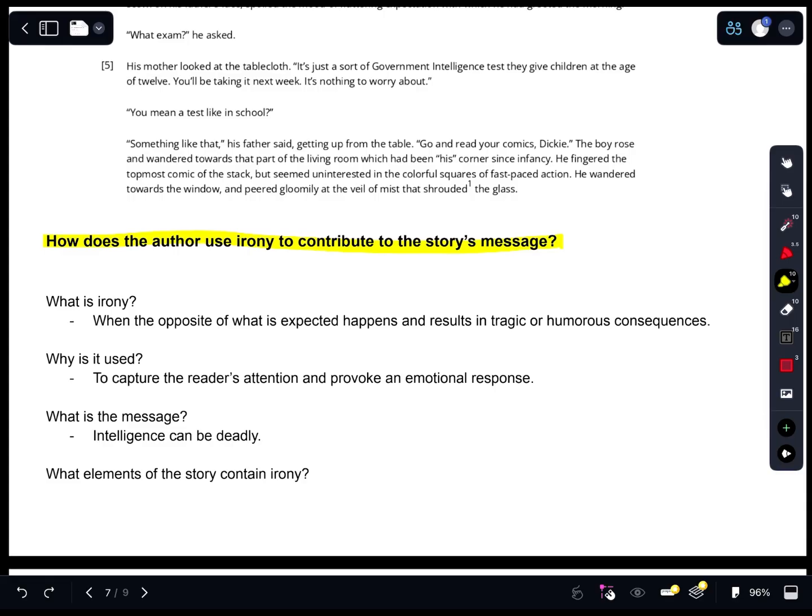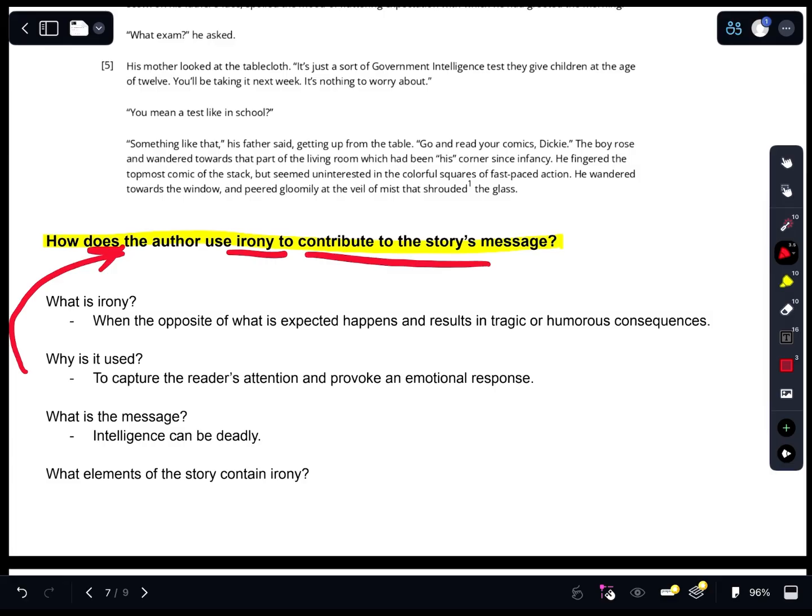Why is it used? So this all relates to the question, because the author is using irony. We have to know what it is. We have to know why we even use it in stories, in everything. So many things have irony in them. Why? And how does this help? How does it contribute?